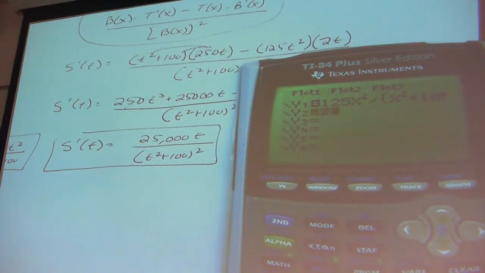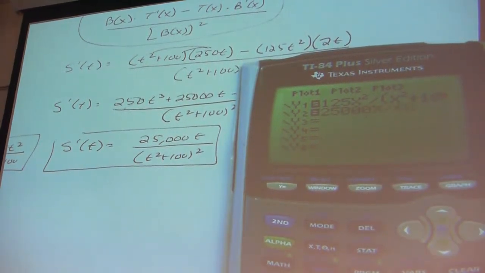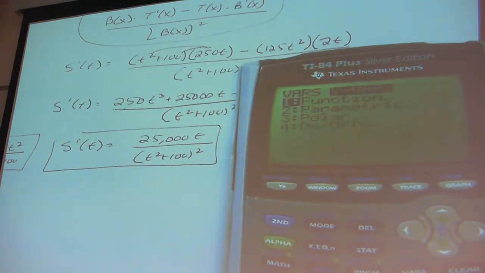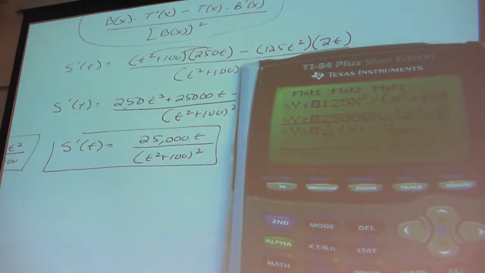Y2, 25,000 x divided by parentheses, x squared plus 100 squared. And then in Y3, math 8, x, Y1 is vars, Y vars function, Y1, x.